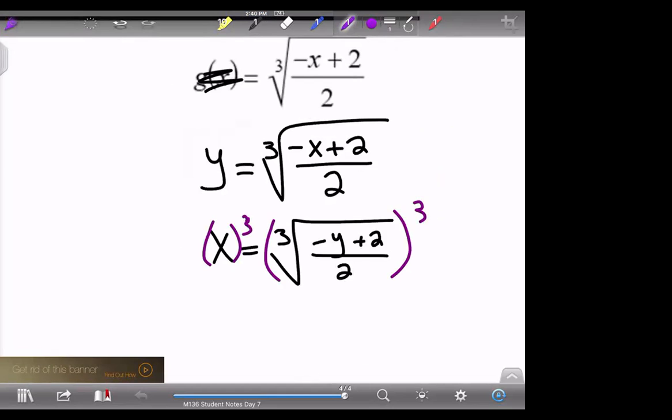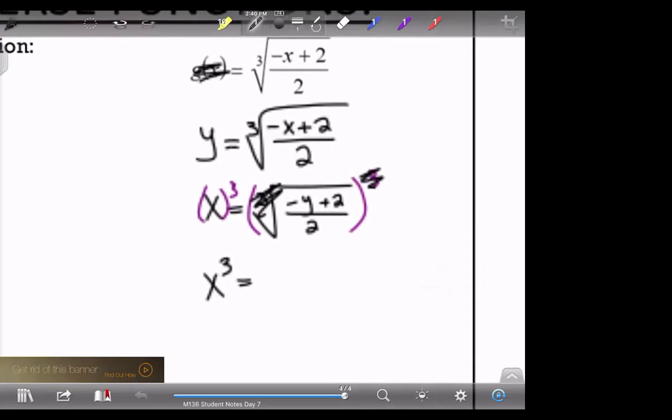So on the left-hand side, we have x to the third, which is just x to the third. The cube root and the cube cancel each other out. And we now have this fraction negative y plus 2 all divided by 2.